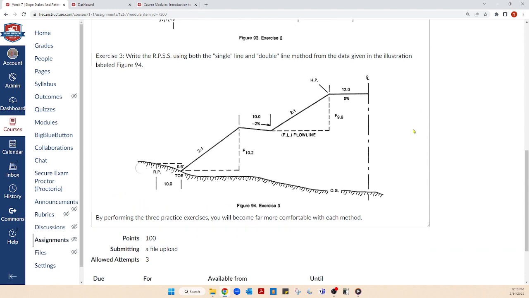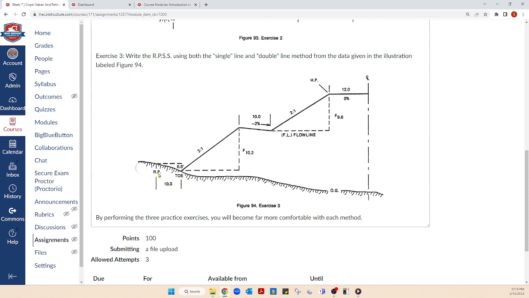This looks a little complicated, but tell me in your mind right now, think about this. Is it a fill or is it a cut slope? Here's your hint. Here's your reference point. Here's your toe. Toe tells you it's a fill.